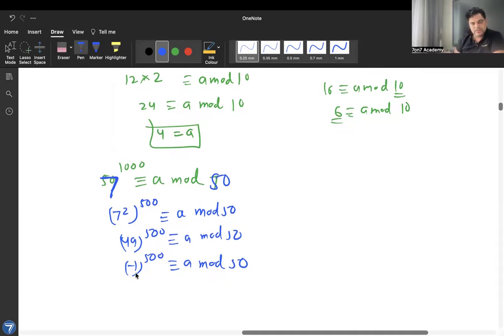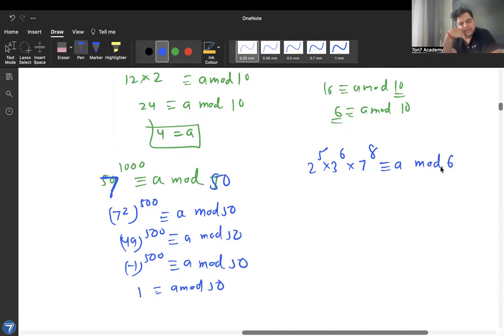Okay, so you will understand this. This is 1 congruent to a mod 50, which means if you divide this by 50, the remainder is going to be 1. Now I'll take 2 raised to 5, 3 raised to 6, 7 raised to 8, congruent to a mod 6. Tell me the answer.